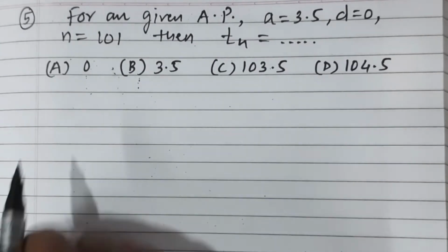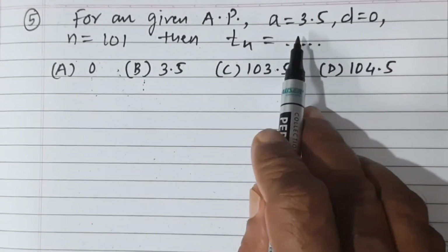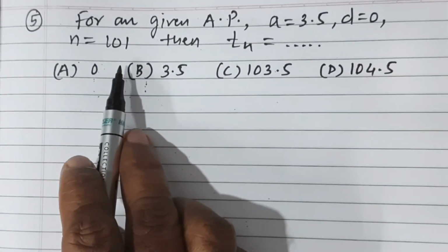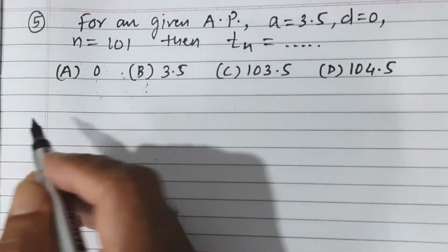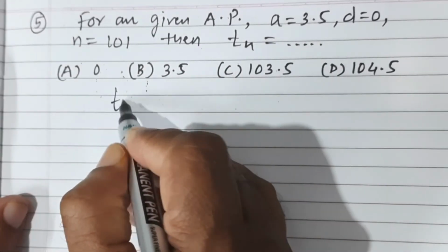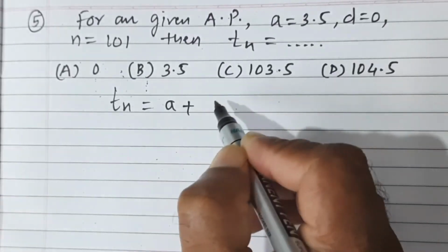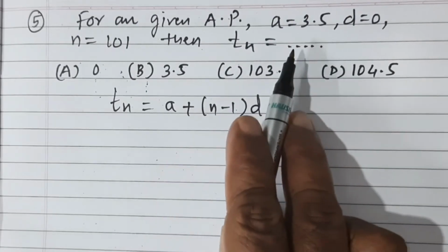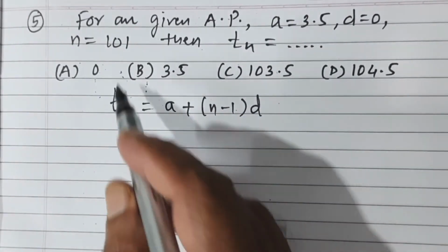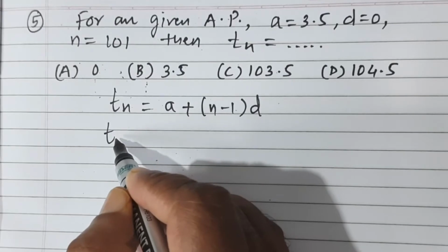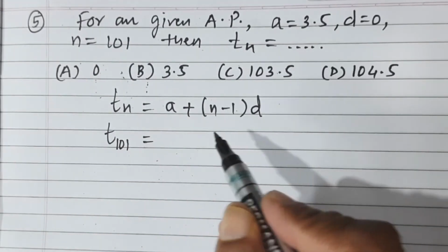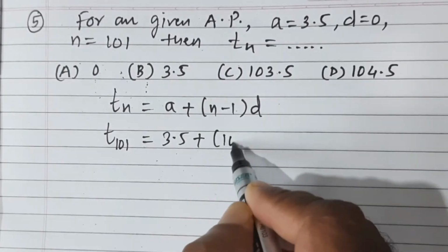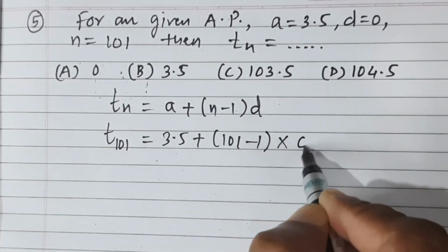Fifth example: for a given AP, A, that is the first term, is 3.5, common difference is 0, n is equal to 101, then find Tn. We know the formula to find Tn: Tn is equal to A plus (n minus 1) into D. Here n is equal to 101, so T101 is equal to A, which is 3.5, plus (101 minus 1) into D, which is 0.